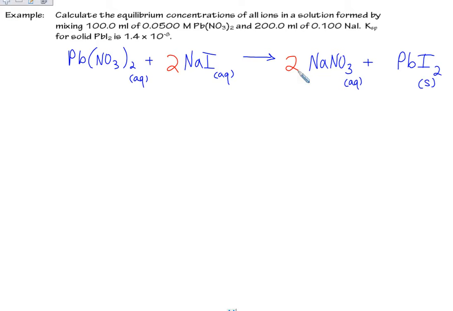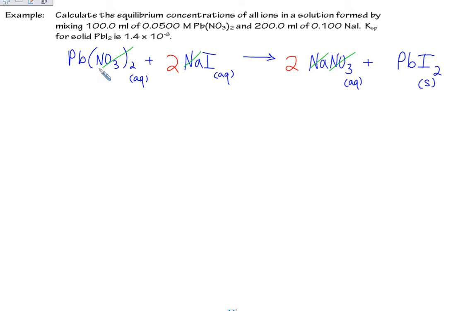Maybe it would be fun to bring this down to net ionic. Net ionic cancels out any spectator ions. So any ions that are aqueous on both sides, that will be the sodium, you are a spectator, and the nitrate, you are a spectator. There'll be ions in solution on both the reactant and product side.